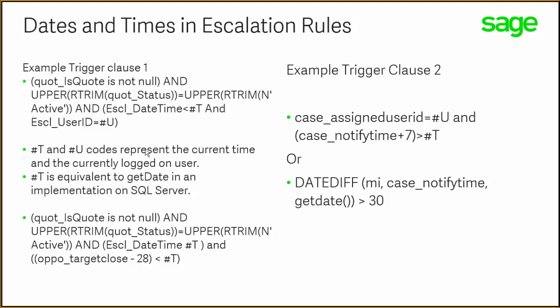We can use dates and times in a much more sophisticated way, so we can use the date information in any way that we like, if we're used to the idea of using functions to get date parts. We could even restrict the firing point of an escalation rule so that it only fires on a Tuesday if we wanted to, or on a particular time within the day as well. So we can be very clear about doing this.